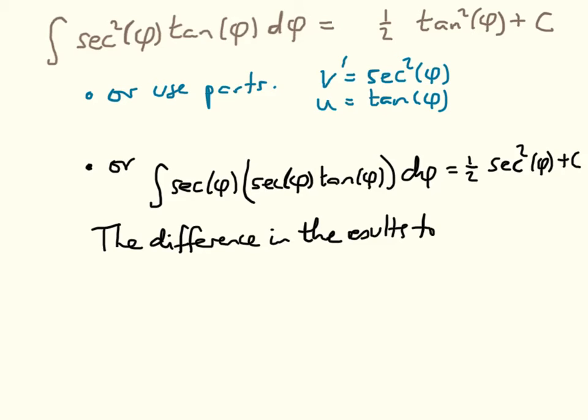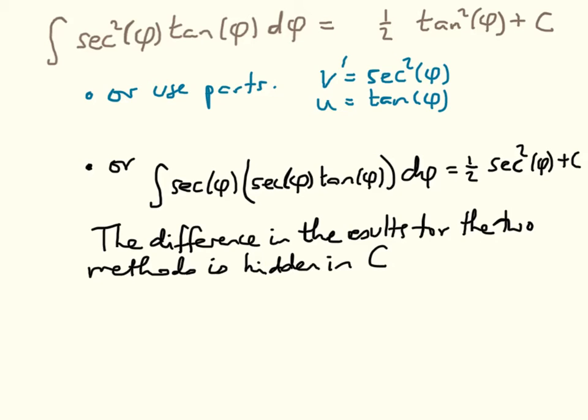So the difference in the results for the two methods is hidden in C. So when we write these two results down, there's no reason for the integration constants to be fixed or even the same at all, and we just remember that sec squared phi is tan squared phi plus 1.